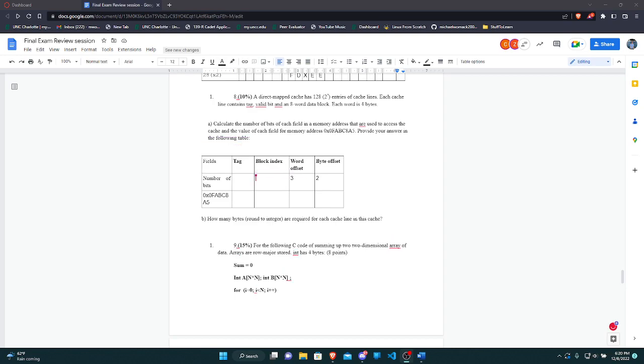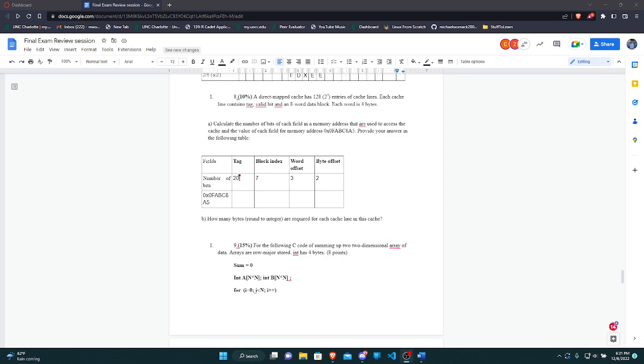Then for the block index, they tell you right here that it's 128, or 2 to the 7, or 2 to the x. We want that exponent, so that's 7, and then the tag is going to be the rest of that. So it's 32 minus all this, so that's 20. So for the tag, we'll allocate 20 bits to go in there.